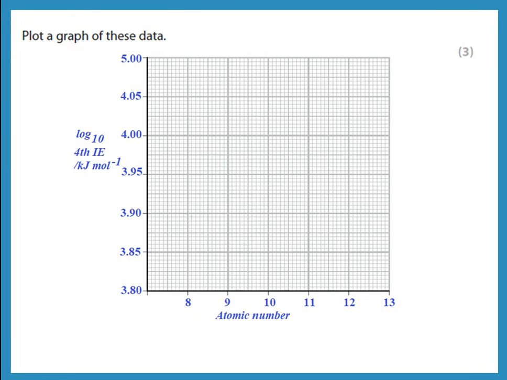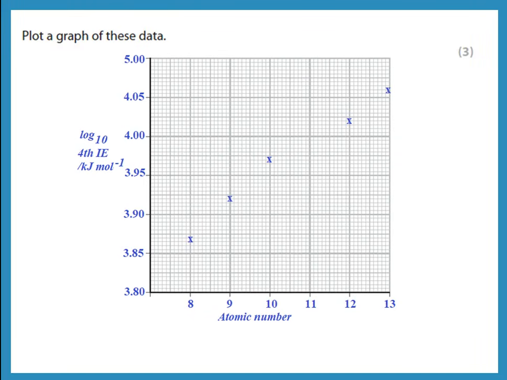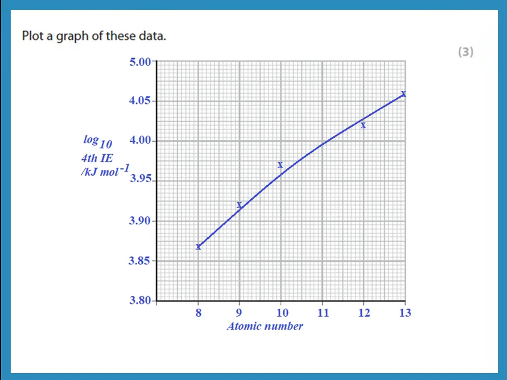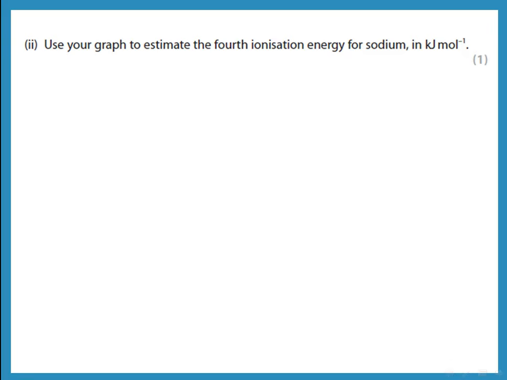And the log of the ionization energy will be on the y-axis. Now you need to distribute the numbers so that you use as much of the graph paper as possible. So this would be the most reasonable distribution of the numbers. First, we plot all the numbers with a small x or a small dot with a circle, and then we can join them. So this is our graph.